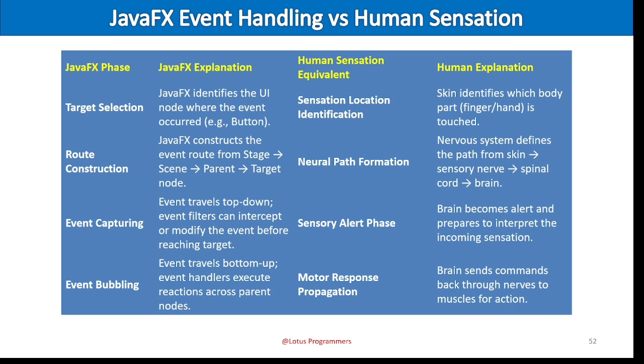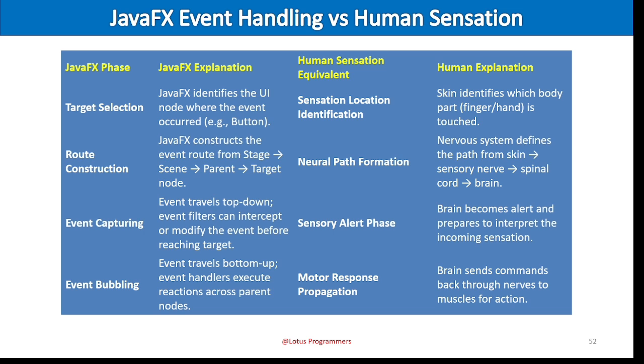In the next phase, root construction is created. In the root construction phase, from the stage to scene, scene to parent, and parent to the target node, the route is constructed. And in human sensation, a neural path is created from skin to sensory nerve, nerve to the spinal cord to the brain.